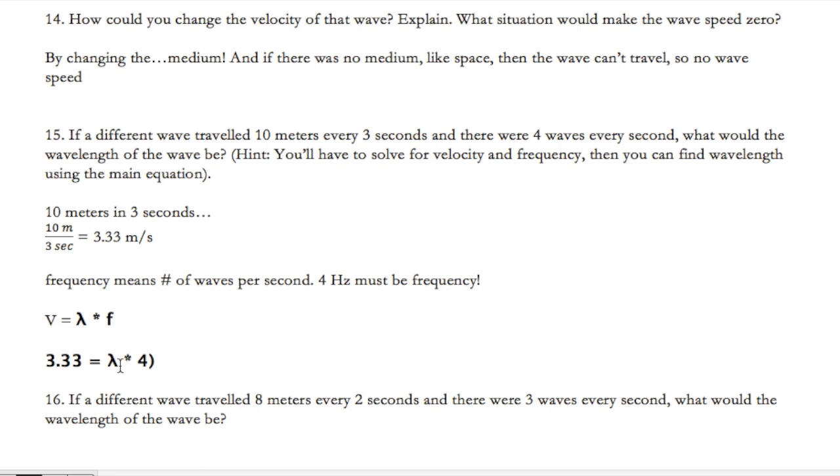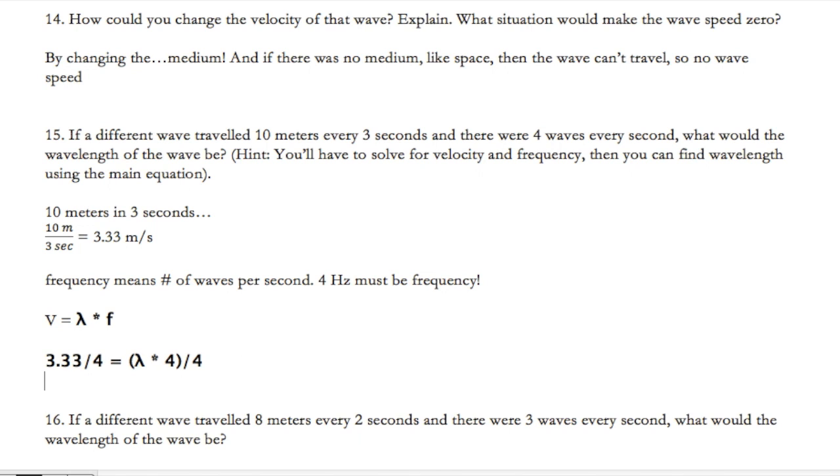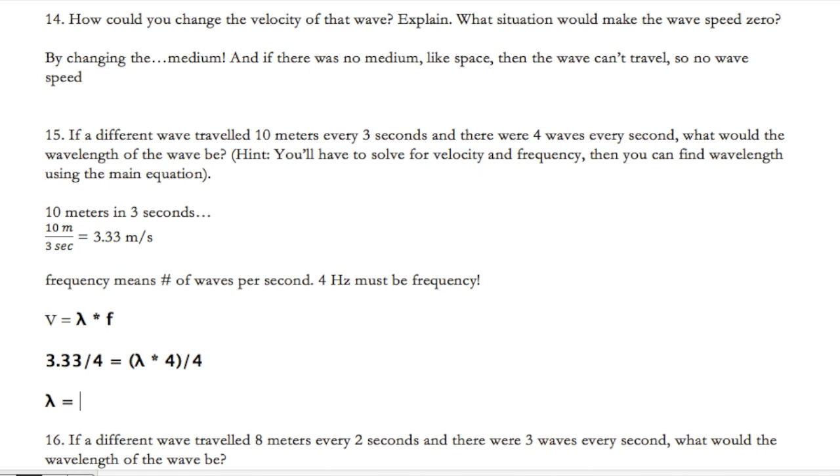And how are we going to get this? Of course, we will divide both sides by the 4, right? Divided by 4, divided by 4. Remember to work ahead of me. So wavelength equals 0.8325 meters.